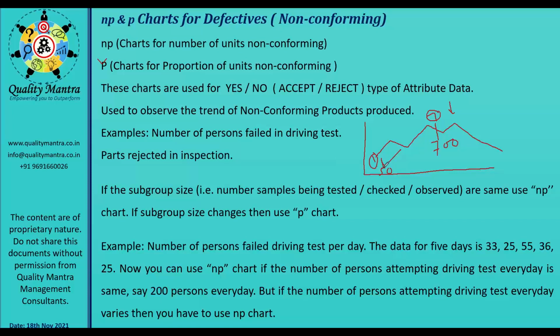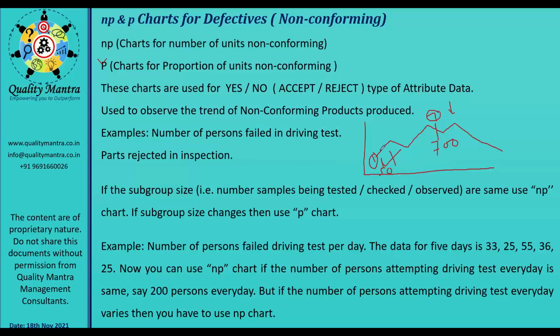If you check the proportion, which one is higher? 1 out of 50 is higher or 7 out of 700 is higher? 1 out of 50 is higher, so it is worse, na?